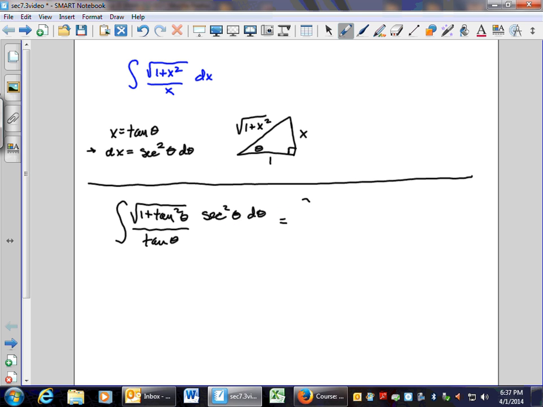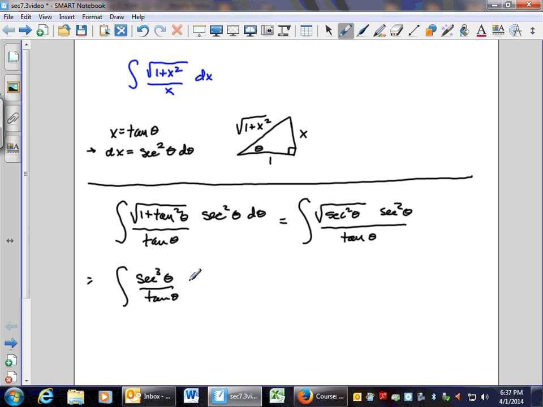Okay, so let's keep simplifying the trig. So 1 plus tan squared is secant squared theta. And out here we have secant squared theta over the tan of theta. And a little bit more here, we're going to have the secant cubed of theta over the tan of theta.